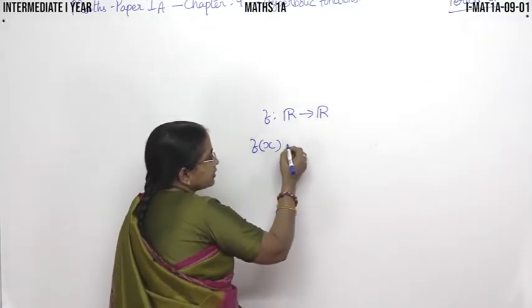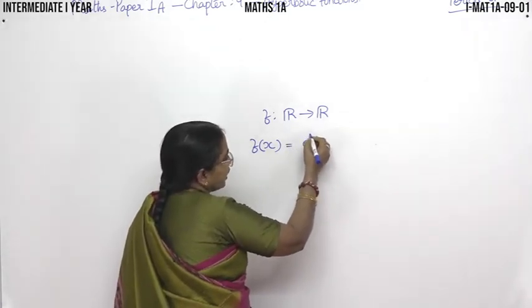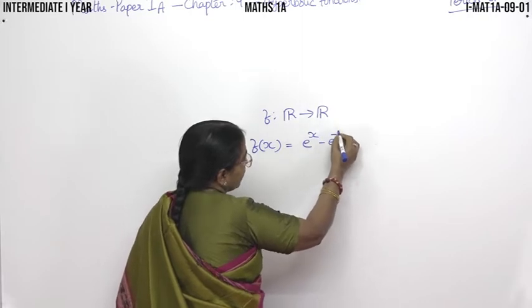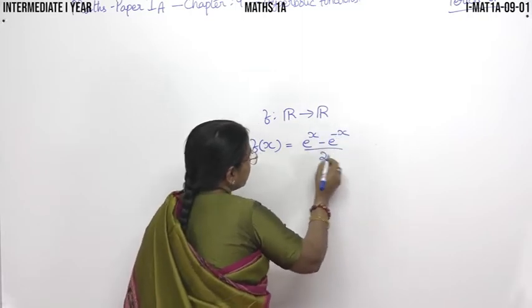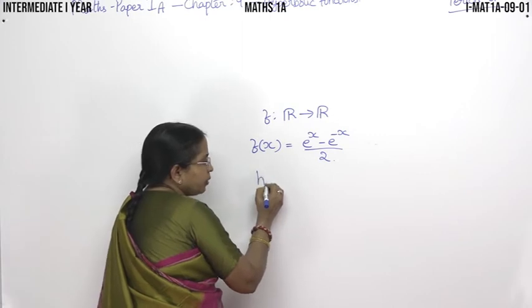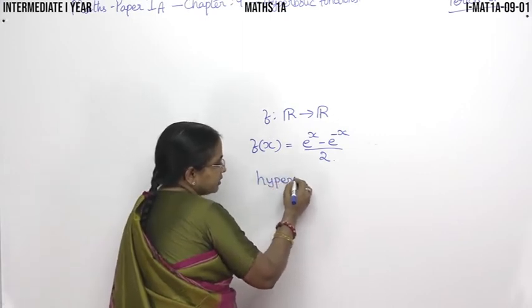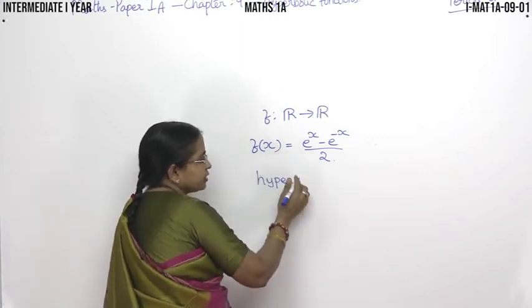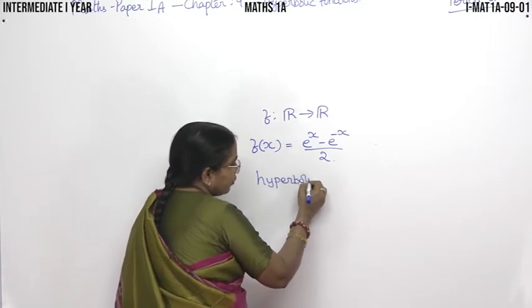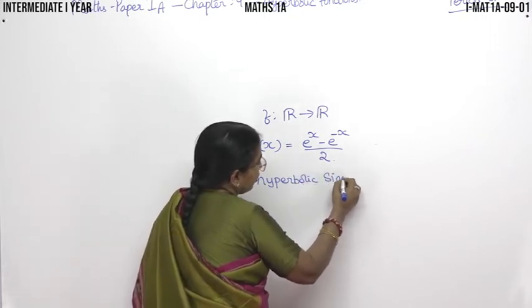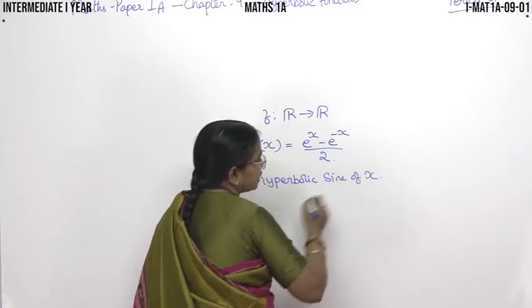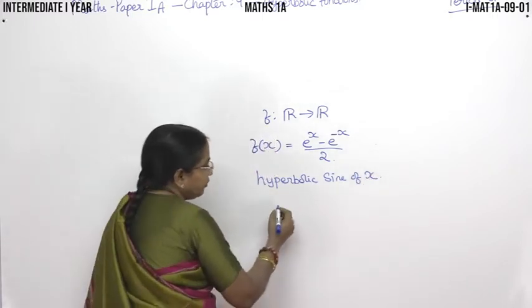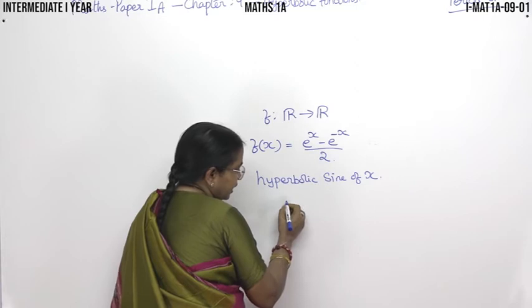And f of x is defined as e power x minus e power minus x by 2. This function defined in this way is called the hyperbolic sine of x, and we denote this by sinh x.